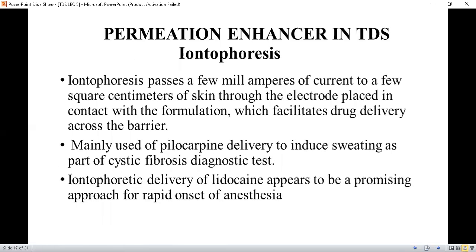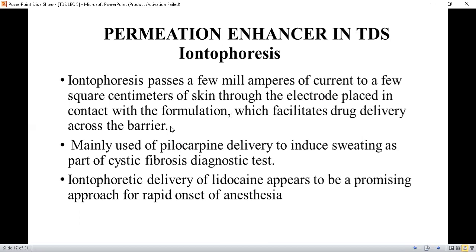Now, permeation enhancers in transdermal drug delivery systems. There are different methods, students, through which we can increase the permeability of the skin. So let's discuss these methods. The first one is iontophoresis. What is iontophoresis? Iontophoresis passes a few milliampere of current to a few square centimeters of the skin through an electrode placed in contact with the formulation, which facilitates drug delivery across the barrier.